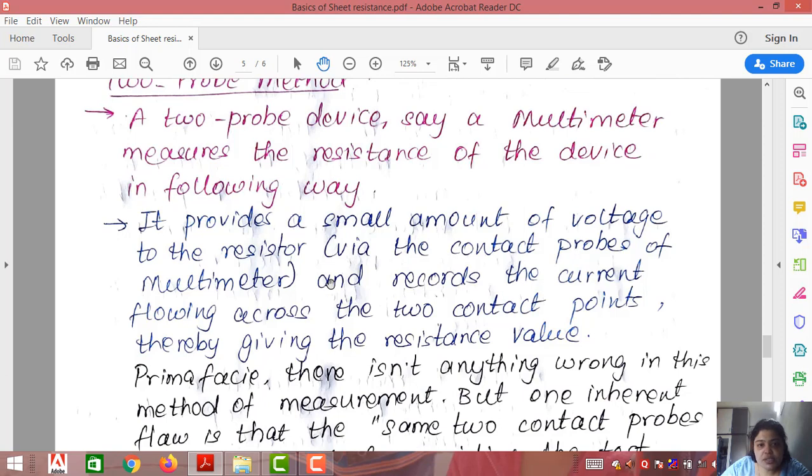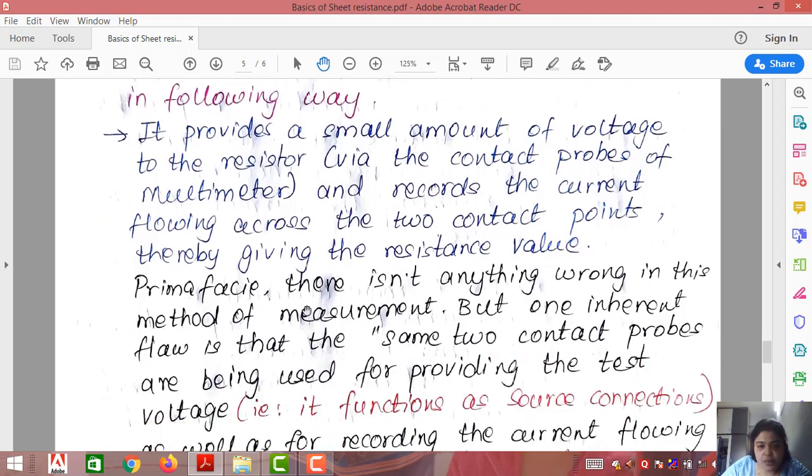But let us just see how exactly this measurement is done. This method provides a small amount of voltage to the resistor via the contact probes of the multimeter, and it records the current flowing across the two contact points, thereby giving the resistance value.